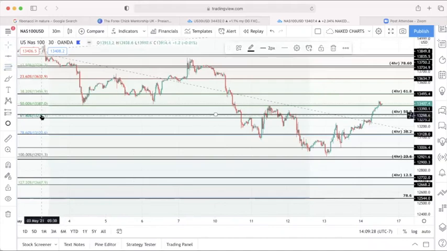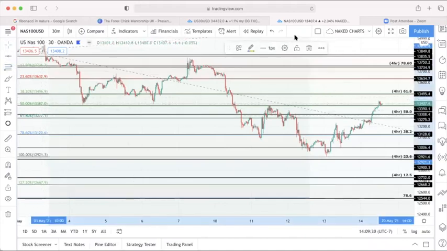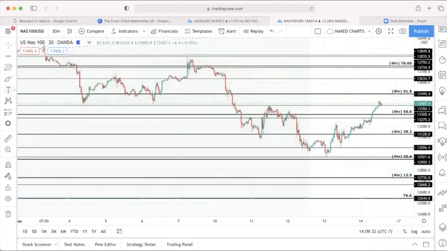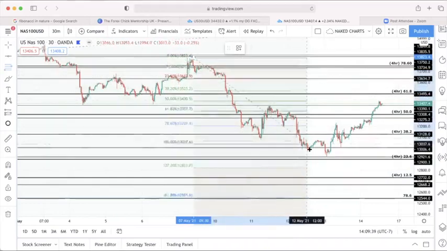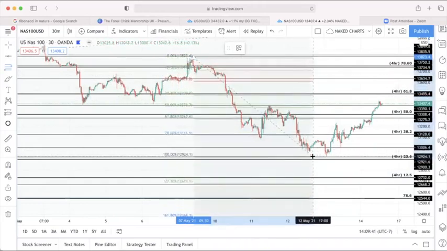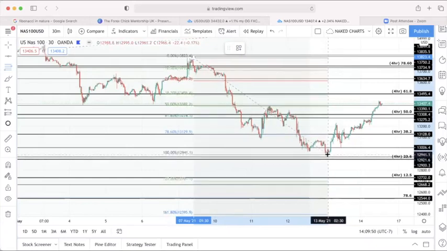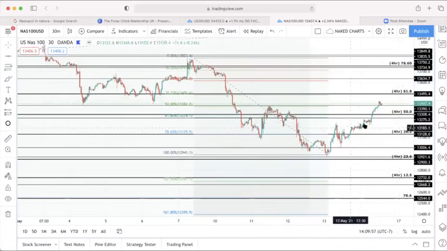Before I do that, let me delete this. All right, let's do it right there. And do you see again how these lines are matching up so nicely?